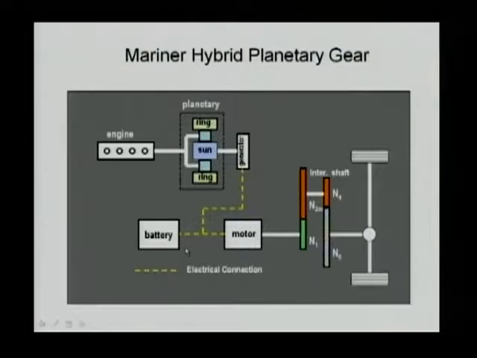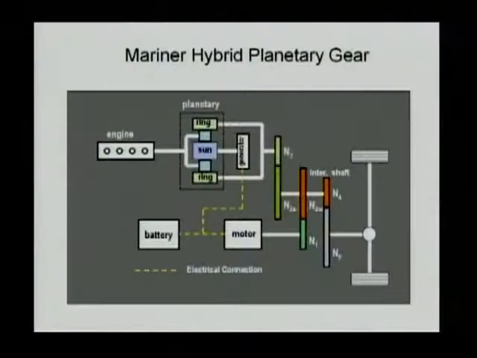That energy can be used to charge the battery, or it can be used to drive the motor, and the motor would drive the final drive. So that's one energy path flow. If you look at how energy flows from engine to generator to motor, that energy flow is in a series direction. So sometimes this is referred to as a series operation.